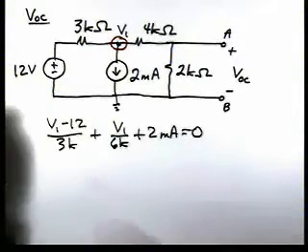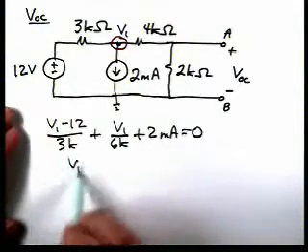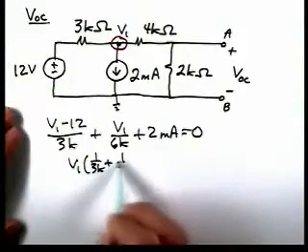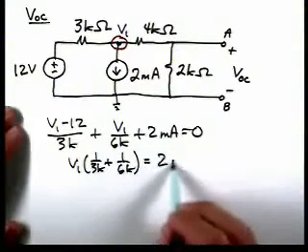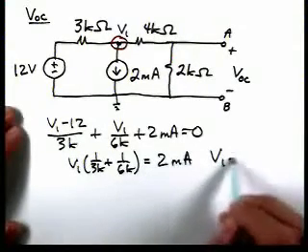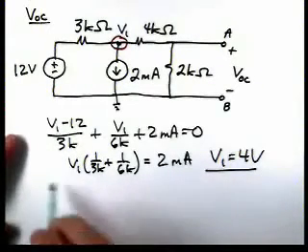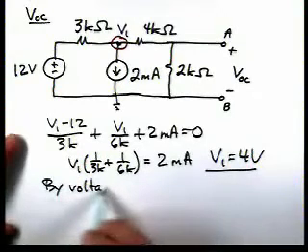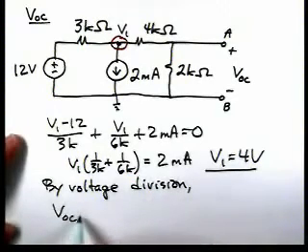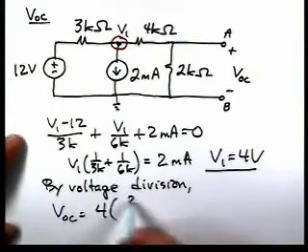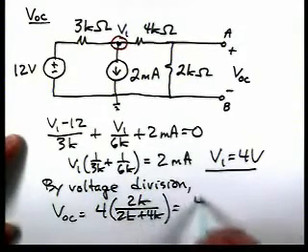And if we solve, for instance, we'll have V1 times 1 over 3K plus 1 over 6K is equal to 2 milliamps, and if you solve, we'll get V1 equal to 4 volts, and then by voltage division, VOC is 4 times 2K over 2K plus 4K, or it's 4/3 of a volt.